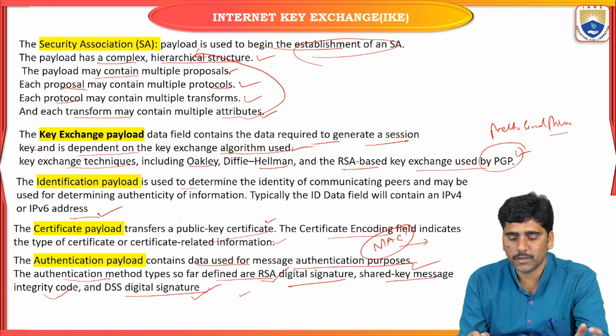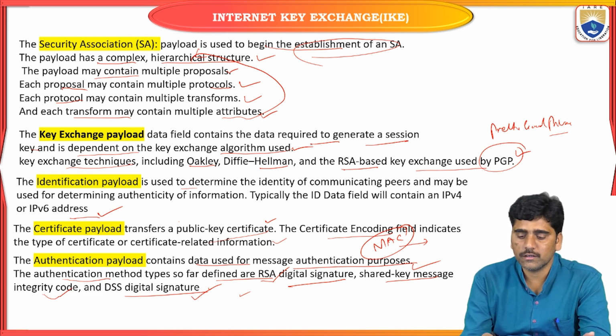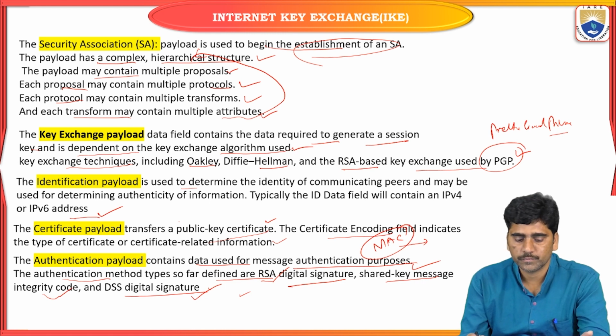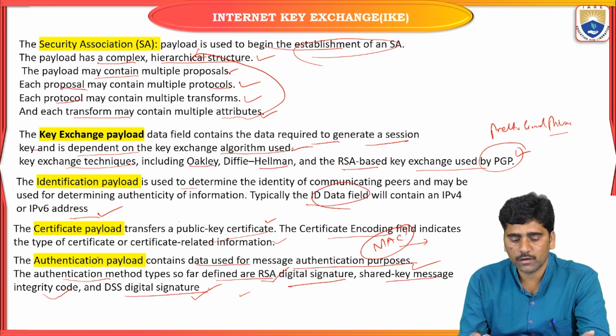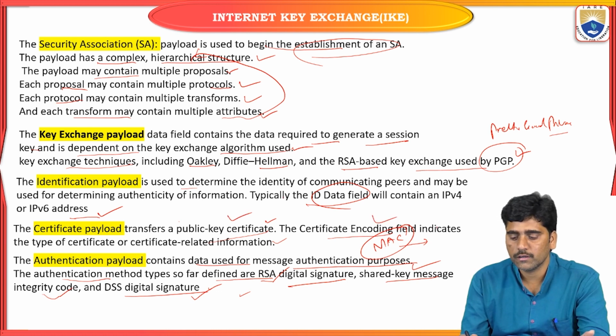Next, the key exchange payload indicates generation of the session keys. The identification payload shows the ID data field. The certificate payload transfers public key certificates or certificate encoding, and indicates the type of certificate and certificate related information.